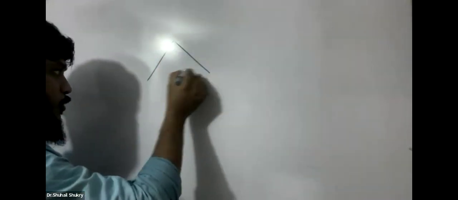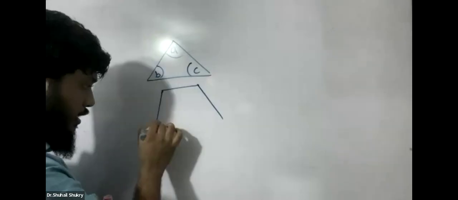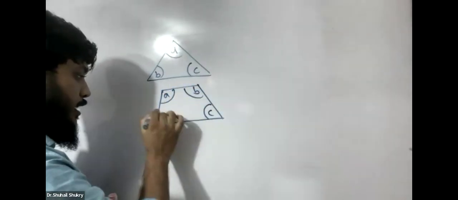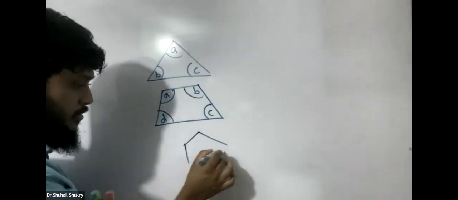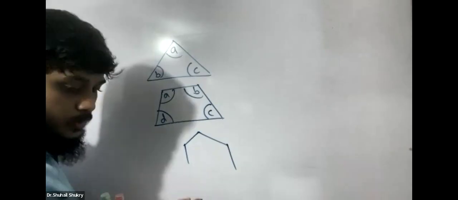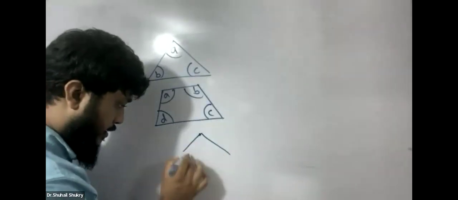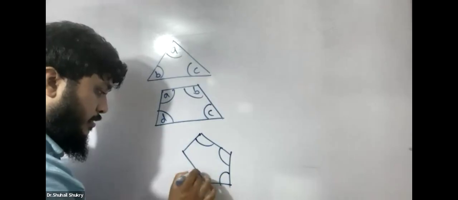Interior angles mean, when you take a triangle ABC, these are the 3 interior angles. When you take a quadrilateral, any 4-sided shape, there are 4 angles. If you take a pentagon, a five-sided shape, there are 5 angles in it.